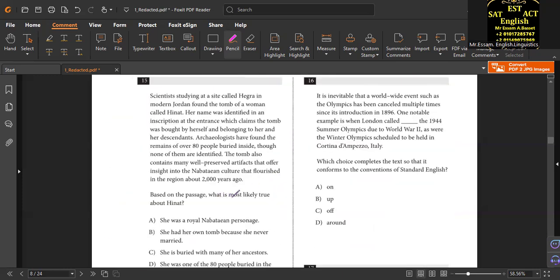First, quickly, what is like true about? So we need information already in the text.